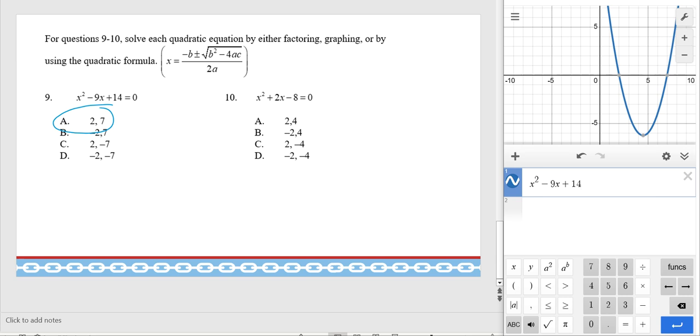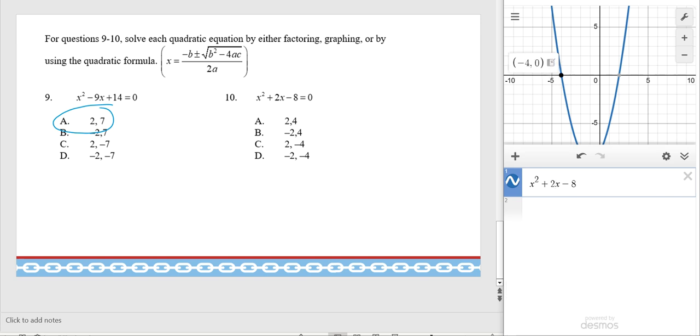And for number 10, x squared plus 2x minus 8. Right, x squared plus 2x minus 8, -4, and 2. So there's my 2 and -4. So that is it for the quiz for tomorrow. Be ready to ask me questions in the morning before the quiz begins.